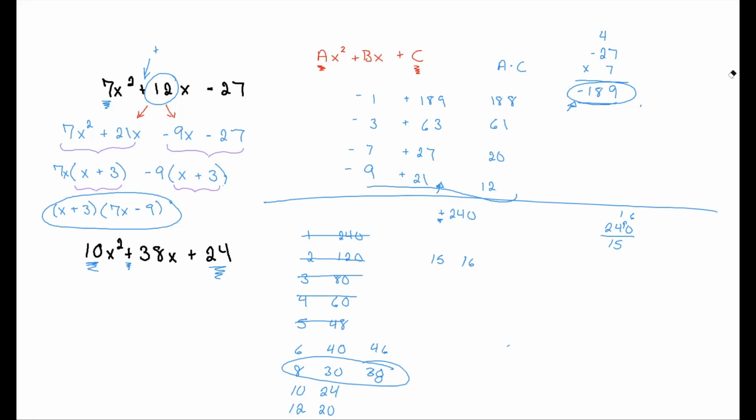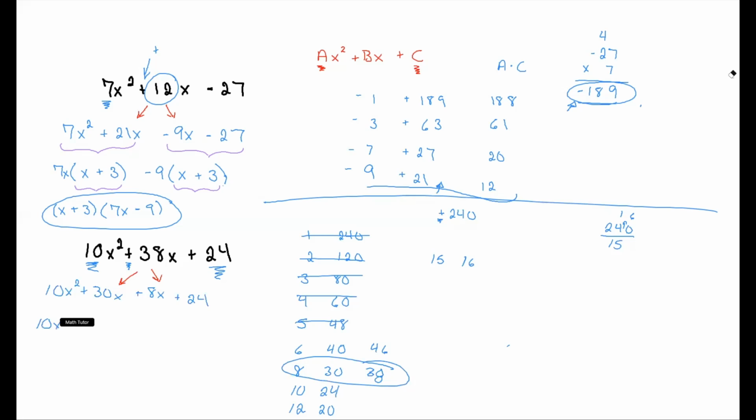I can now break this up either way. 10x squared plus 30x plus 8x plus 24. Again, just like last time, I split up 38 into 30 and 8. I'm going to continue factoring out something that they have in common.